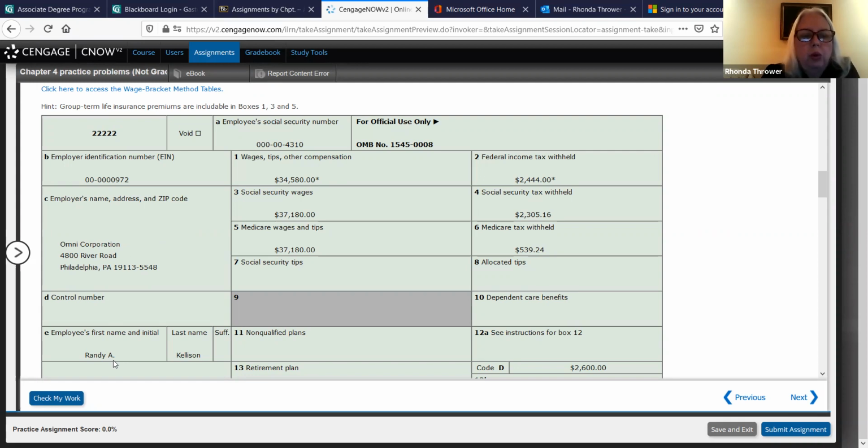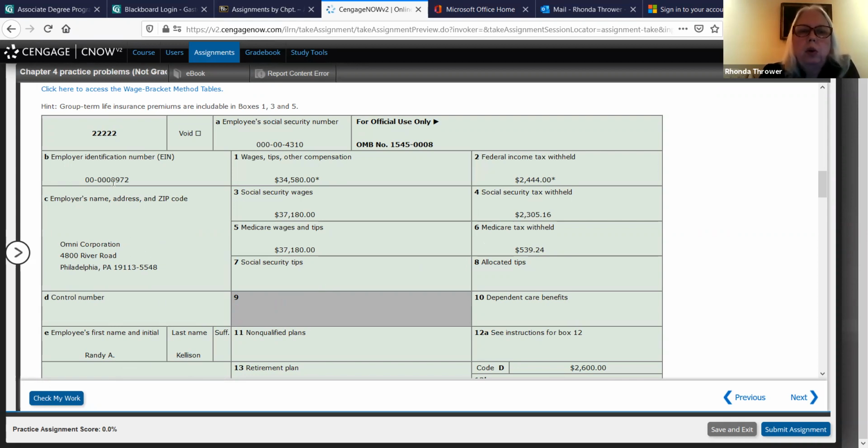This is the employee's name, first name and initial, and the last name of the employee. So this is an example of a W-2 form that they've completed for you to use as an example for you to go by.